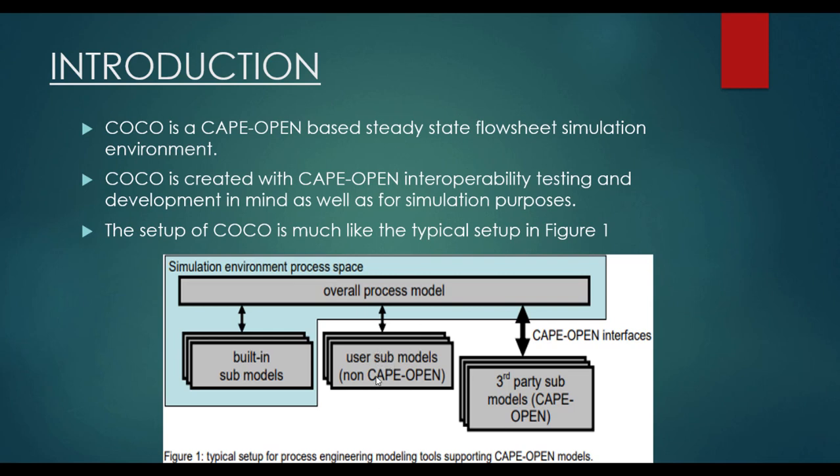And for example, you have been given a task to separate methanol from water, so you put a separator in a simulation. So that's the user submodels, means the work you will perform on the software. And the third party is the supporting softwares which can be linked with the COCO, or the COCO can be linked with those softwares. So that's the third party submodels.